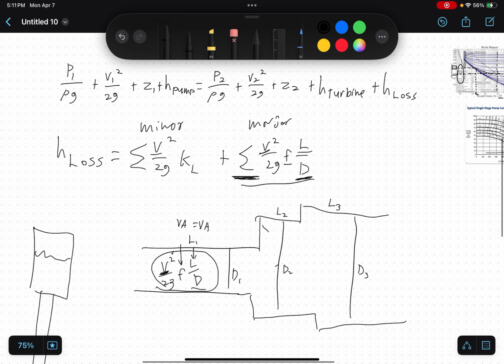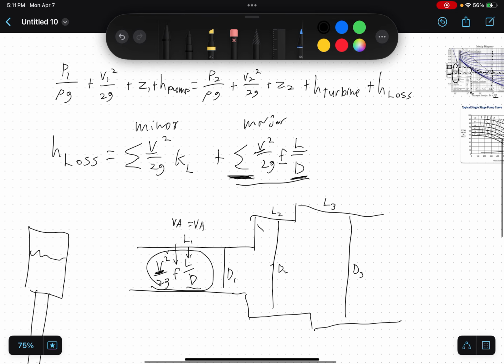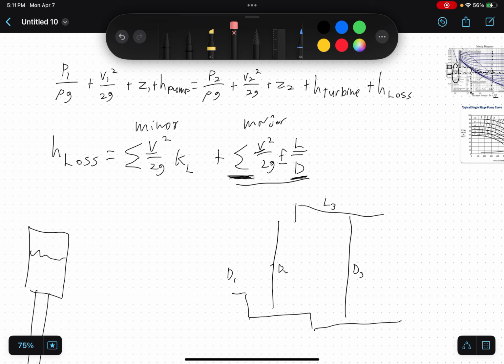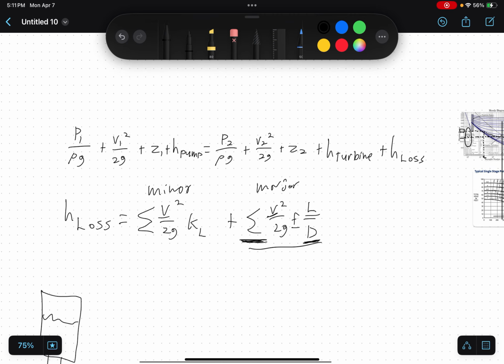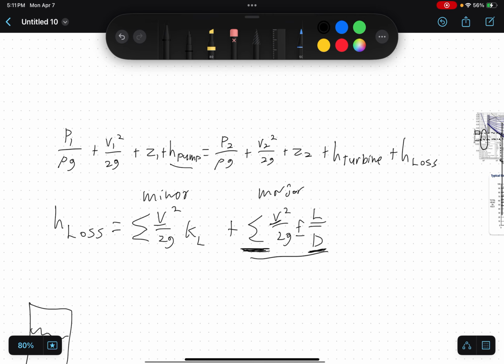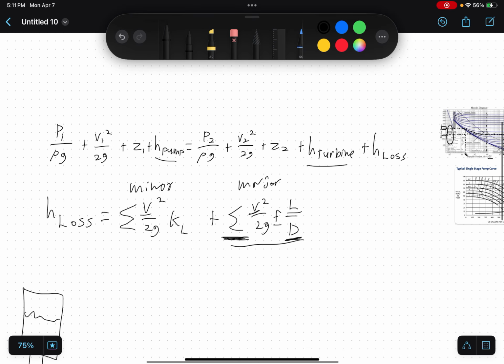So, all right, that's all of the loss stuff explained pretty much. Now, for the pump term and the turbine term.